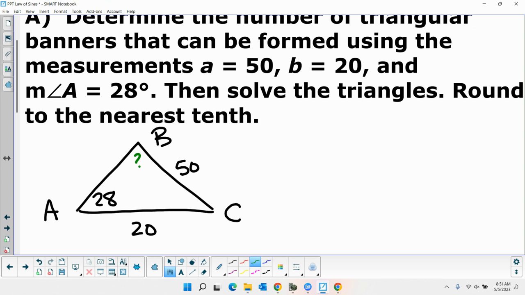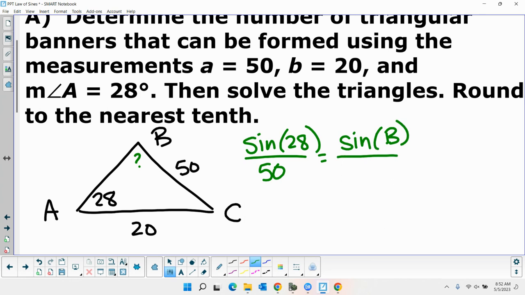Okay, so I'm going to set it up as sine of 28 over 50 equals the sine of angle B over 20. Okay, that's the only thing we can set up.